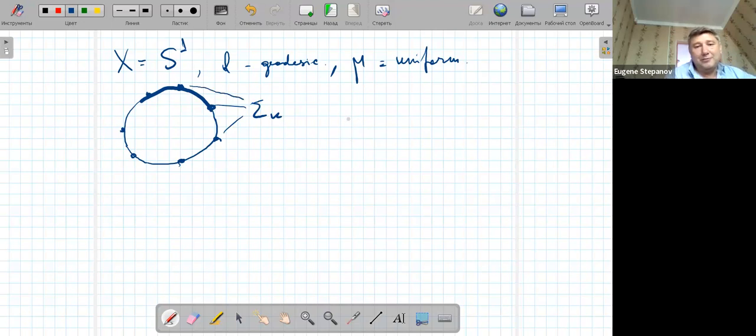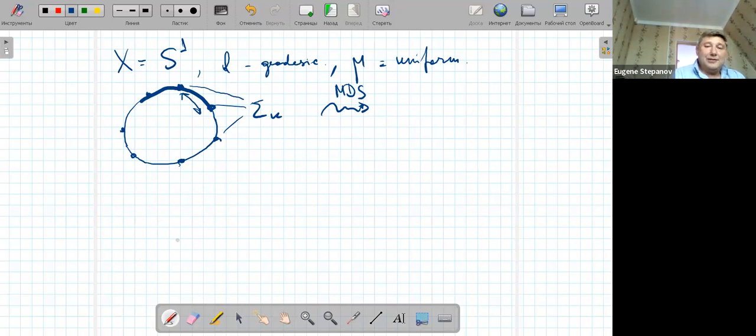And you applied MDS methods to get an embedding of this. You calculated geodesic distances between those points, so the distances along the circumference.